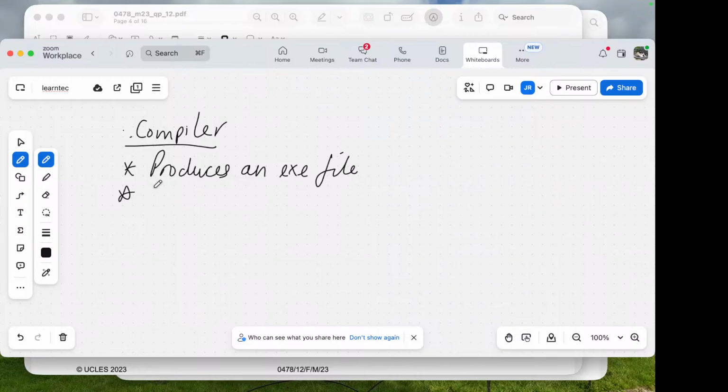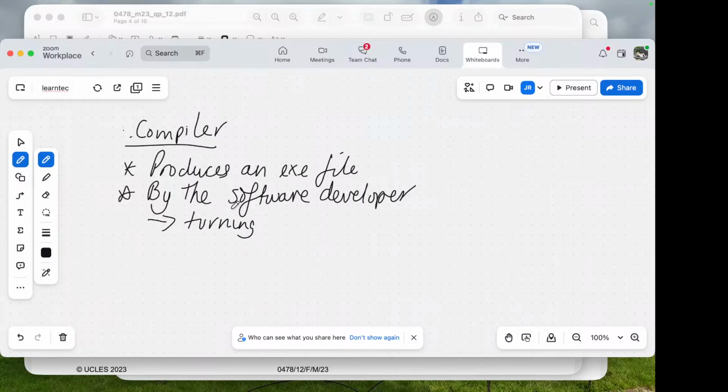It also is done by the software developer or the programmer. When I say it's done by the software developer, I mean turning the code into binary, basically, or machine code. So it's done at the time of development. That's the main 2 things.